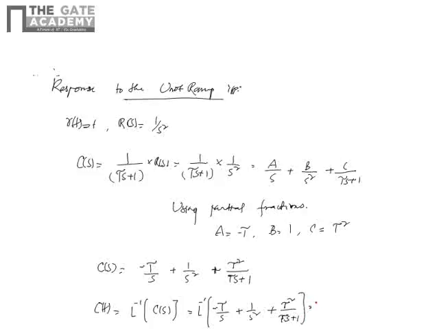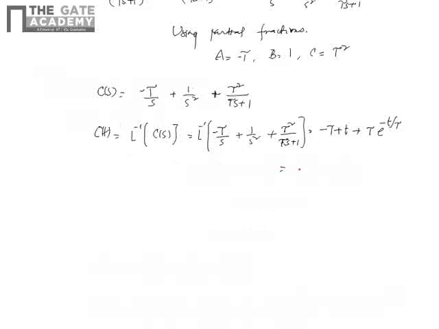You will get minus tau plus t plus tau into e power minus t by tau. That equals t minus tau into 1 minus e power minus t by tau.